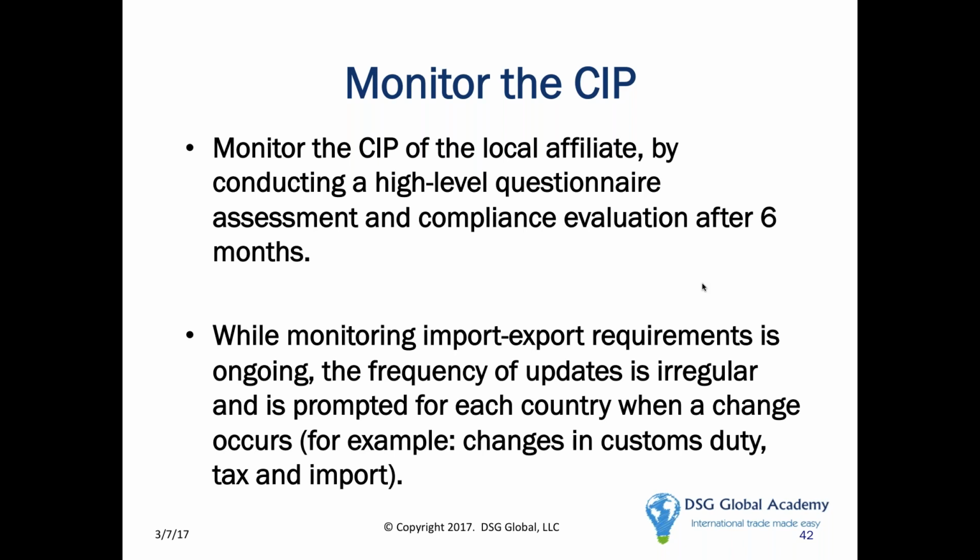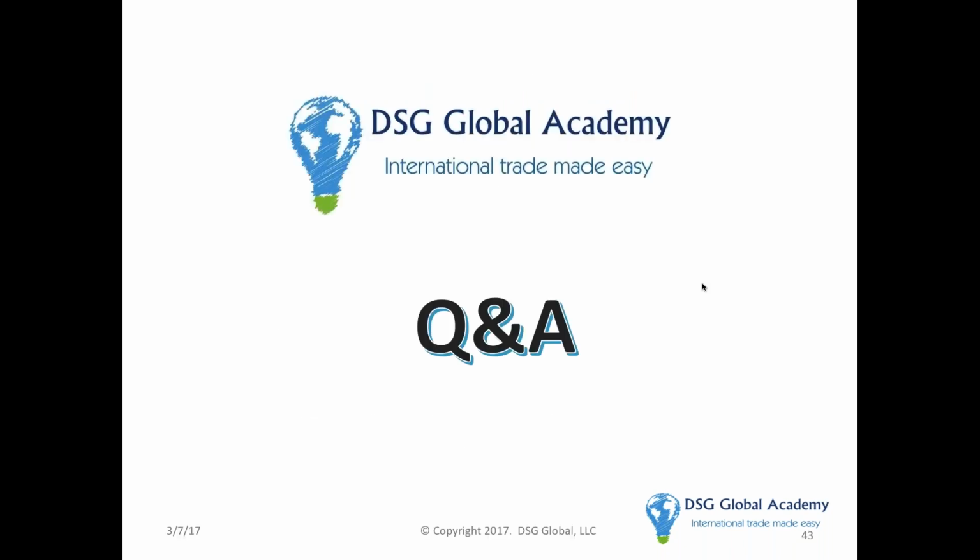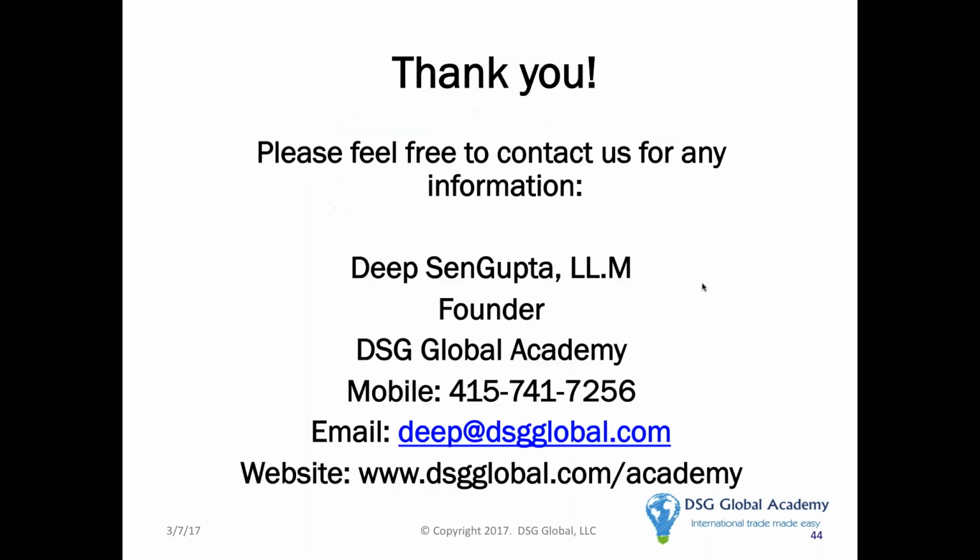Monitoring, sending another questionnaire so you can see that their score has improved and they've got all their bases covered. This is really a best-in-class practice that has worked for dozens of companies that I've dealt with who struggle with managing a global trade compliance program on a worldwide basis.